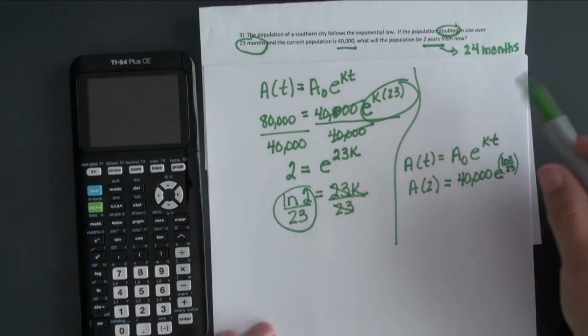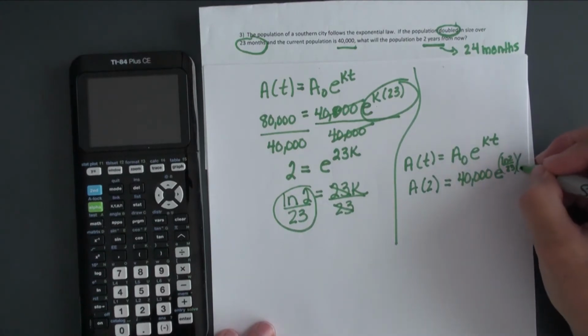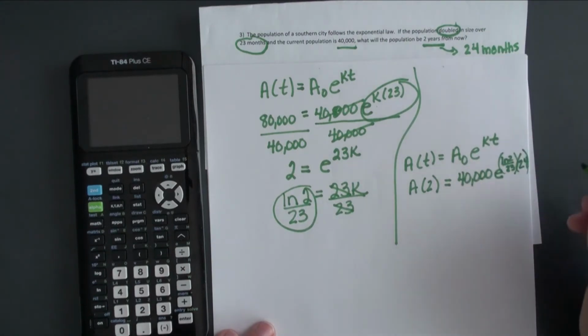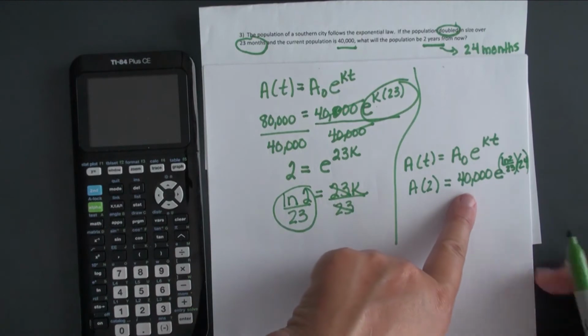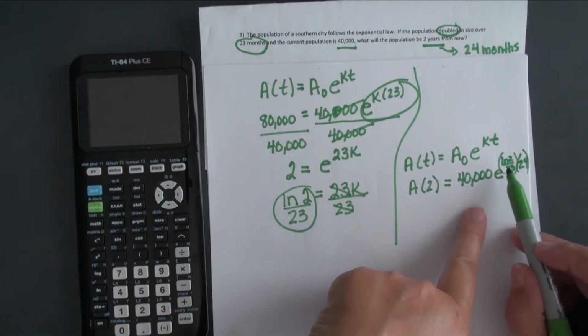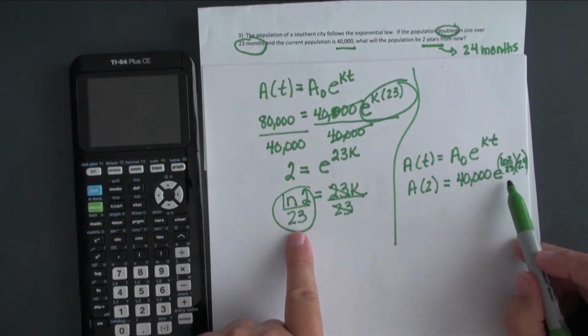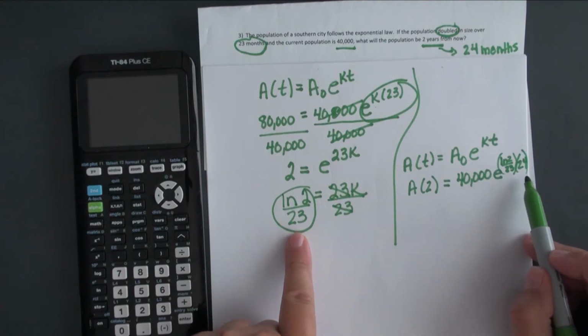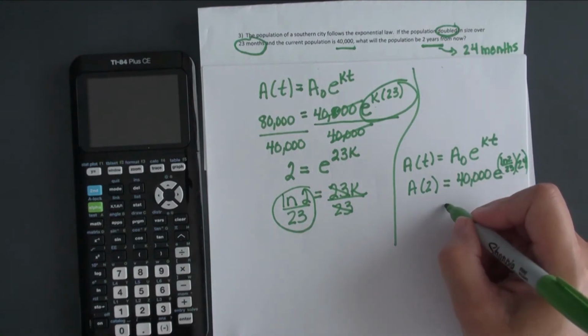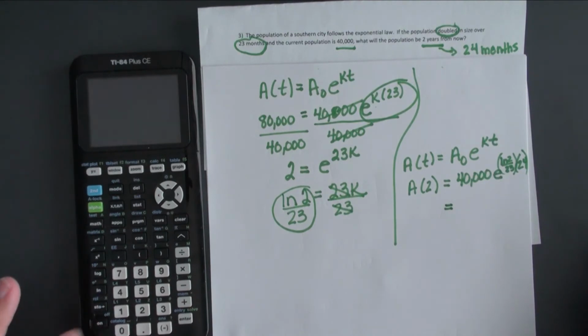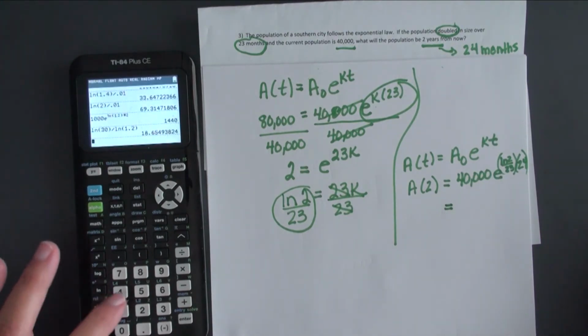And we said for 2 years we're going to use 24. So this says 40,000 times e to the natural log of 2 over 23, which is our k, times t, which is 24. Now let's use our calculator and come up with the solution.